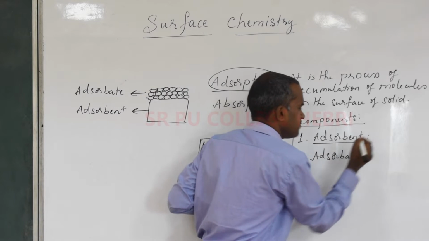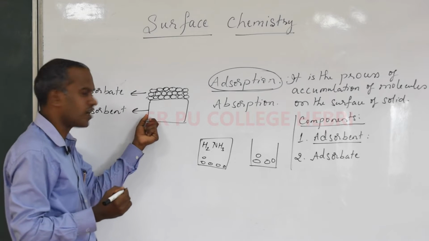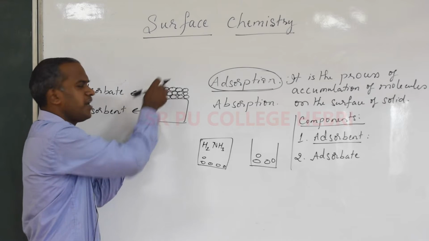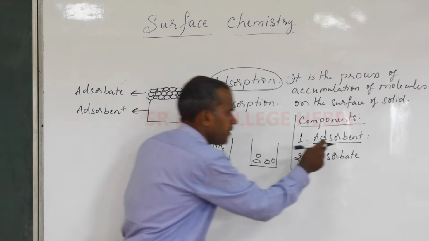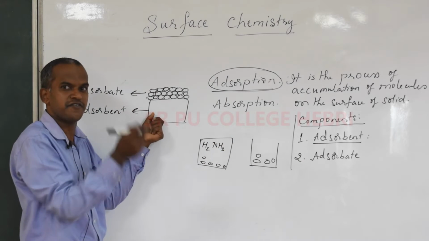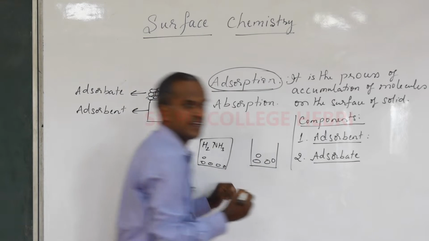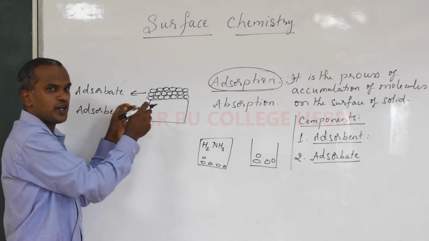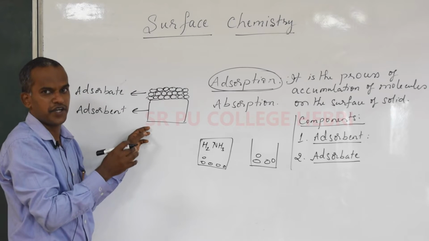Let me repeat. Adsorbent is the solid on which the accumulation of the molecular species takes place. Adsorbates are the particles or molecules which accumulate on the surface of a solid.